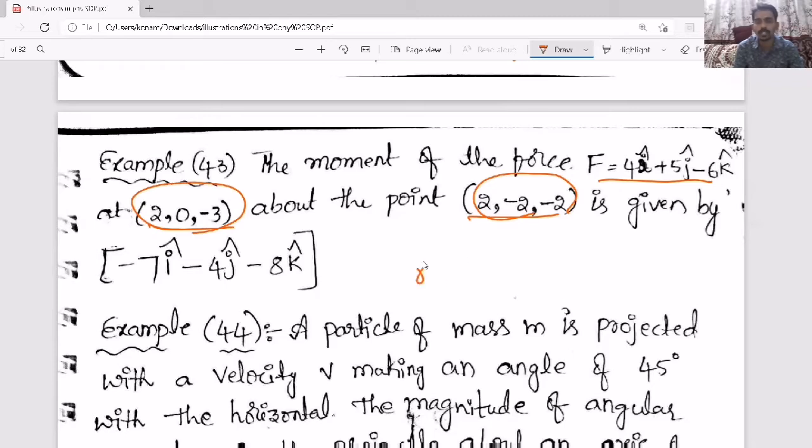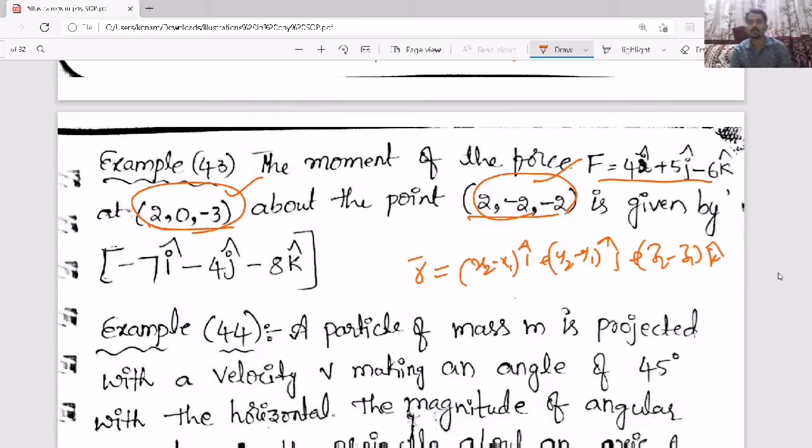So what will r bar become? The position vector will become final minus initial. The point where the force is acting is the final point, and this is the initial point. So you have to take x2 minus x1 i cap plus y2 minus y1 j cap plus z2 minus z1 k cap, where x1, y1, z1 is the reference point.